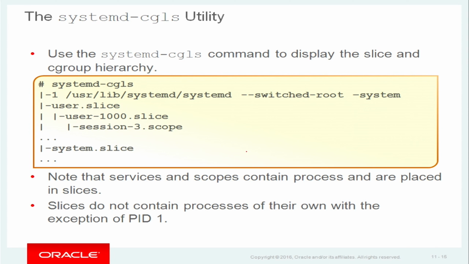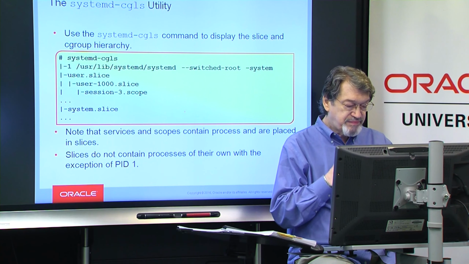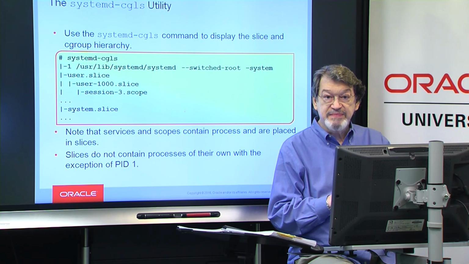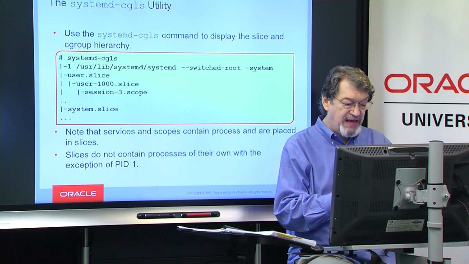And so obviously the number one process is systemd. And then there's a user slice, and within the user slice, there's user 1000. I used that as an example earlier. Slice, and the session 3 scope. Then there's a system slice, all right?